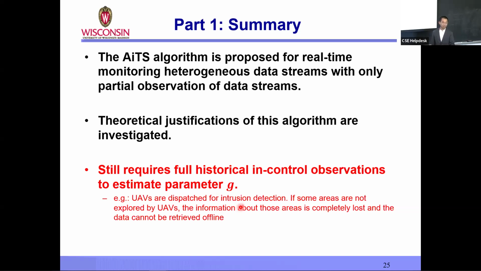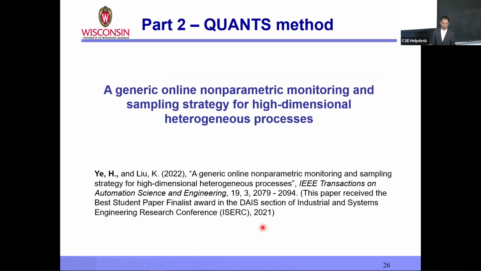In that case, this method will fail to detect scenarios like this one. So that's why for the next part of my work, we propose to relax this assumption and propose a more generic sampling strategy for high-dimensional processes.